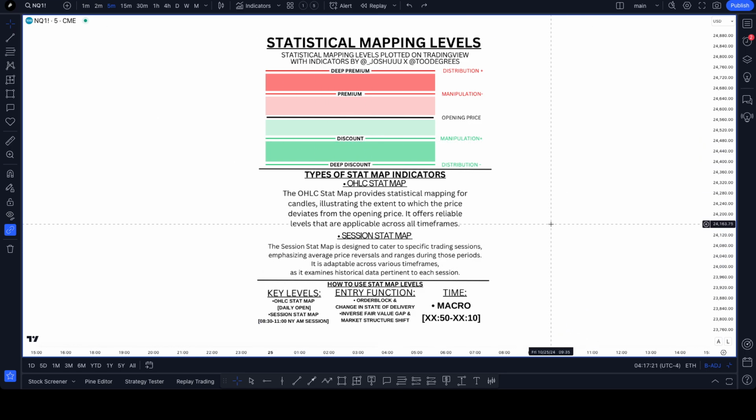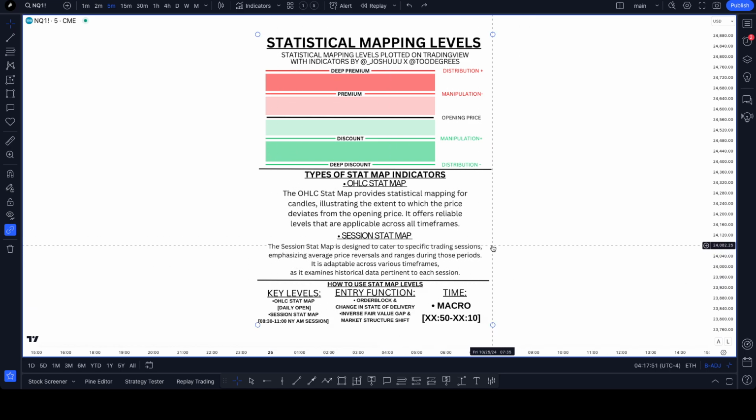We have the OHLC stat map, which provides statistical mapping levels for the candlestick you select, such as the daily candle, 4-hour candle, 1-hour candle, and from there, it will create these levels that are consistent and reliable across all applicable time frames.